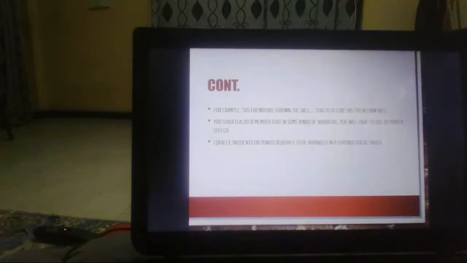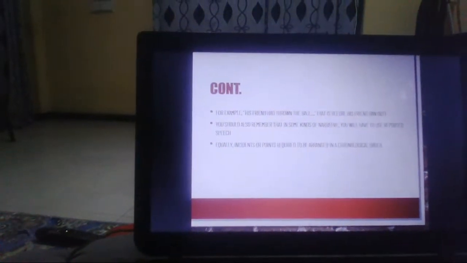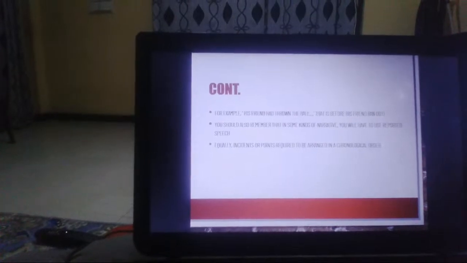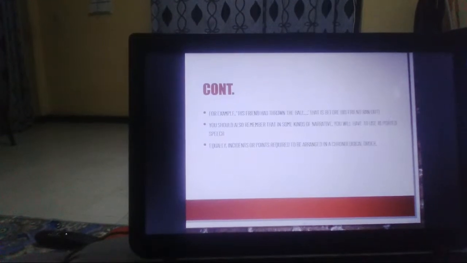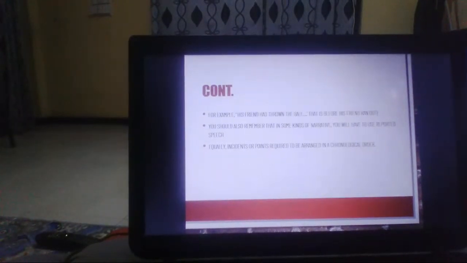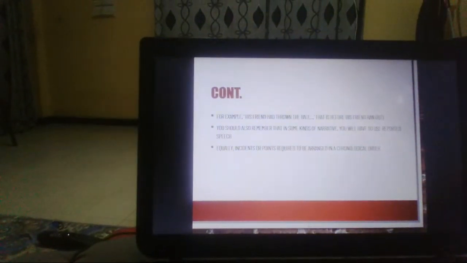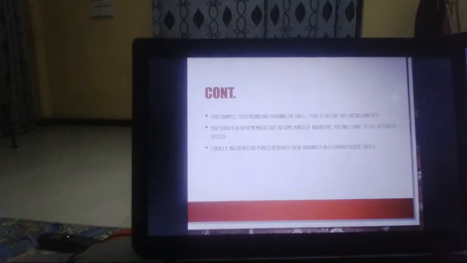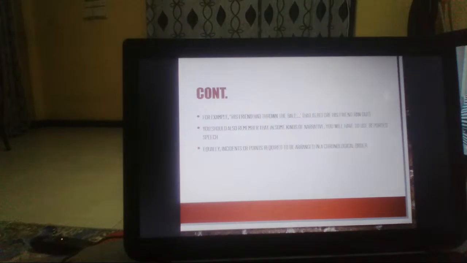You're supposed to arrange the events in chronological order. First thing should happen, then followed by another event, then followed by another, chronologically, not in a way that the beginning is at the middle, the end is at the beginning. That's not the chronological order we are talking about.